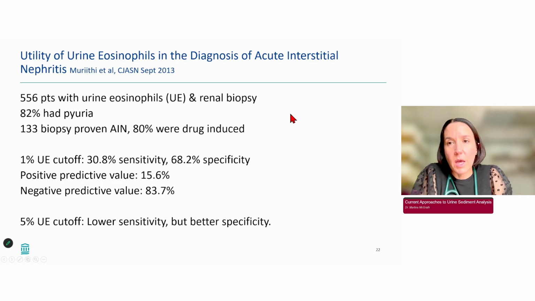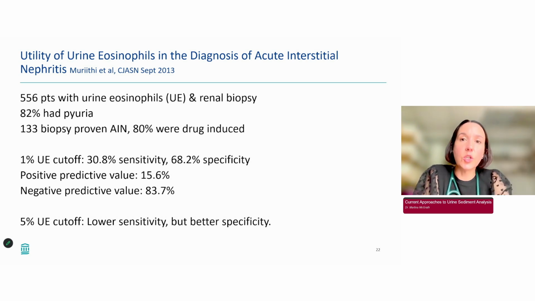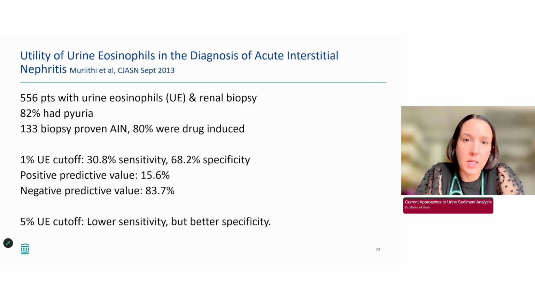This is a nice study that examined this formally in terms of the utility of urine eos as a diagnostic tool for interstitial nephritis. So this was a cohort of 556 patients who had urine eos sent and also underwent renal biopsy, of which 133 had biopsy-proven interstitial nephritis, and 80% of those were drug-induced.